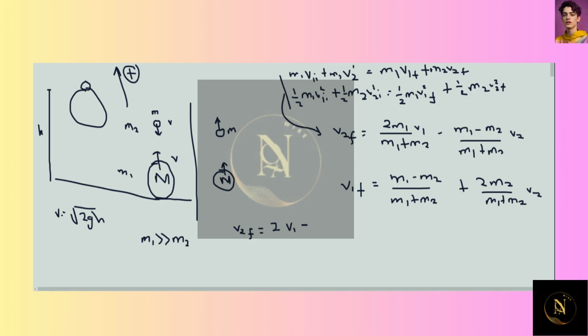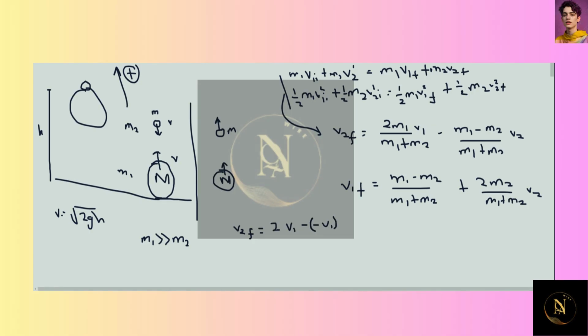So v2 initial is actually pointing in the negative direction in my sign convention. So this velocity is actually negative. So this would be minus v, or minus v1, because these things have the same velocity magnitude. So I can just call that v1 in this case.